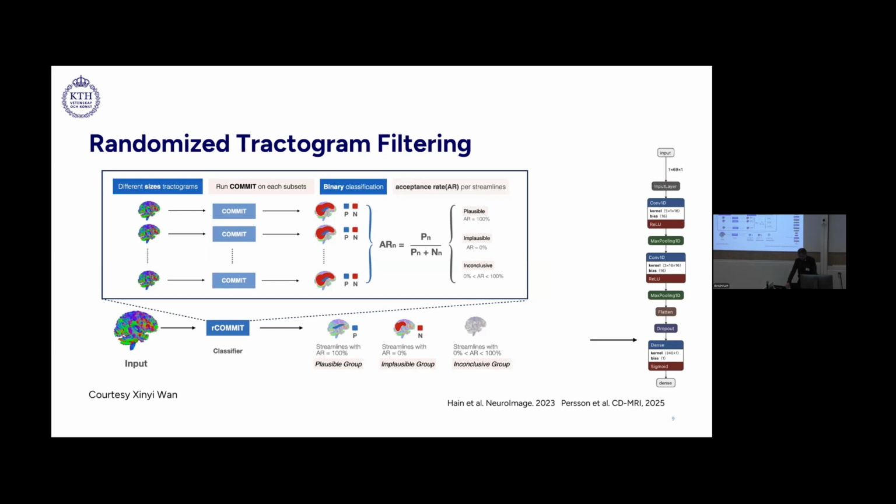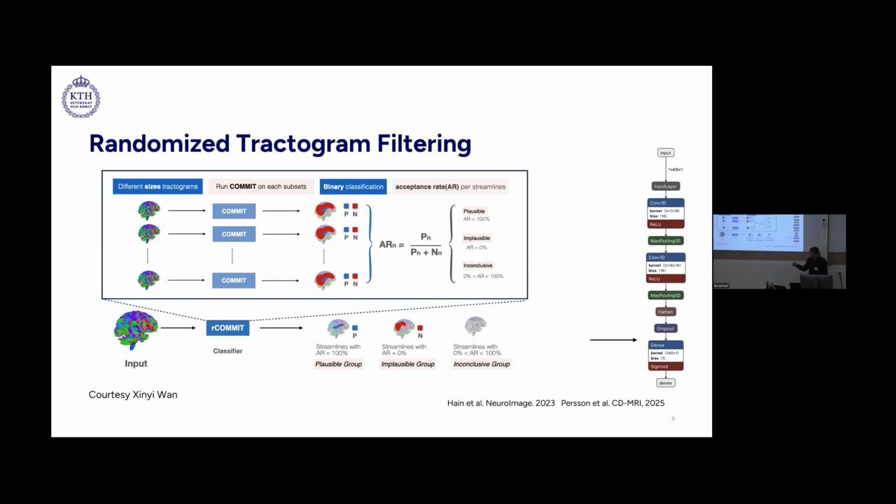These are maybe the two most used methods for tractogram filtering. The problem with these methods, what we realized, is that we start with a very big set of streamlines. We usually go for 10 million, and then we just run, let's say, SIFT or COMMIT, doesn't matter. And then the classification is binary. So this is good and this is bad.